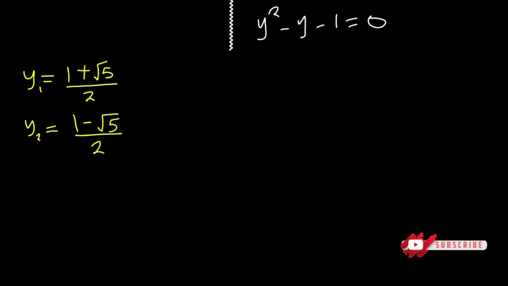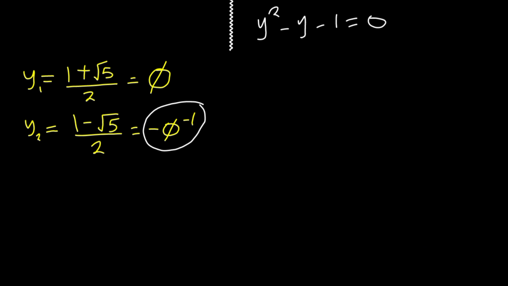And if you take a close look at this, we'll see that this value represents the golden ratio phi, and also this represents the negative inverse of phi. And don't forget from our domain that y must be greater than 0, but here now we have negative, so it means that this solution is invalid.